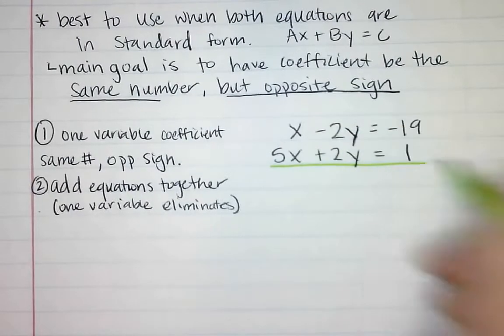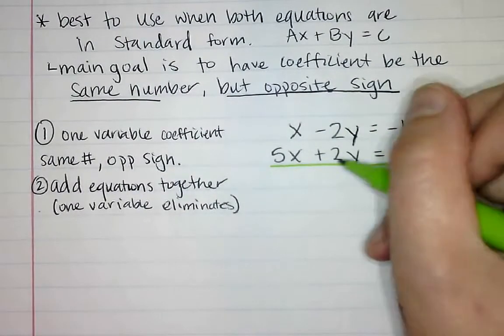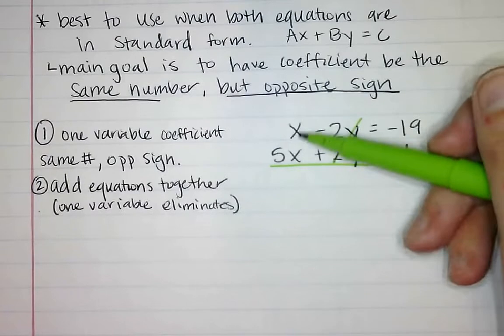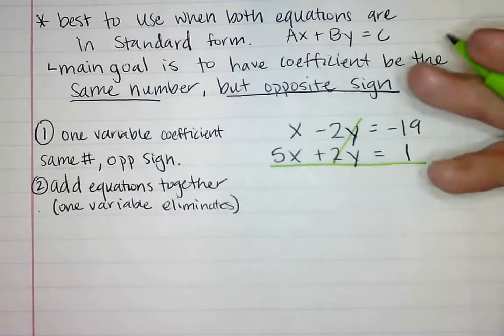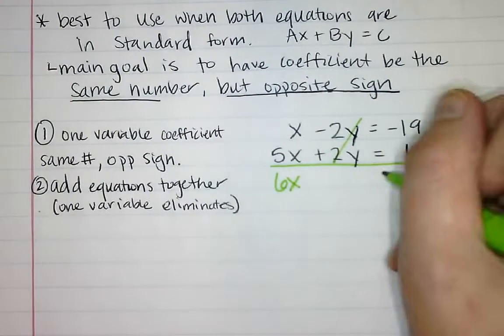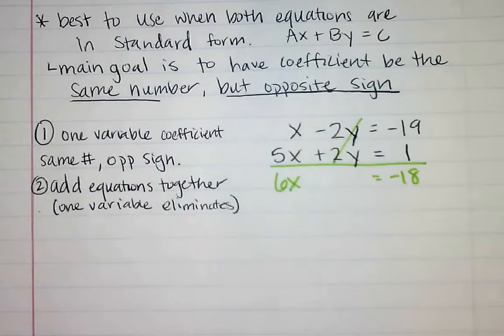So we add our equations together, and what happens right here? Boom. Those go bye-bye. So what are we left with? x plus 5x is 6x. Negative 19 and 1 is negative 18. My y is eliminated, so nothing's there.